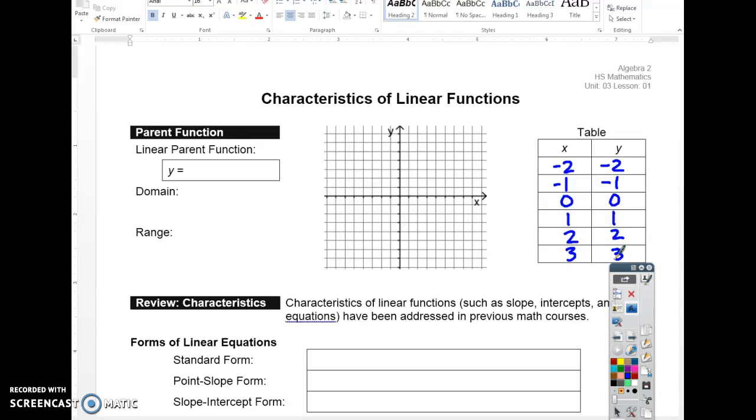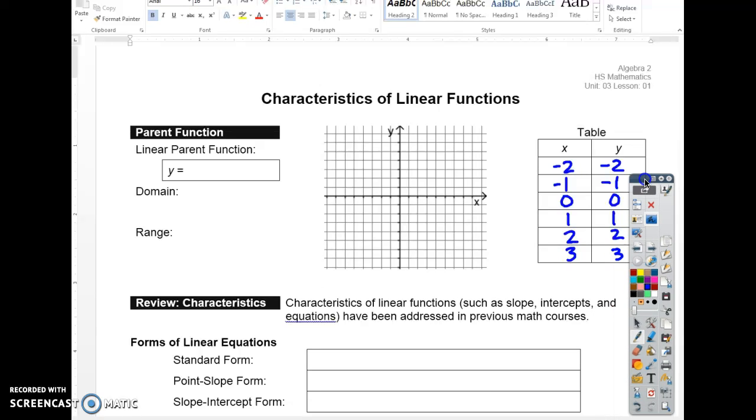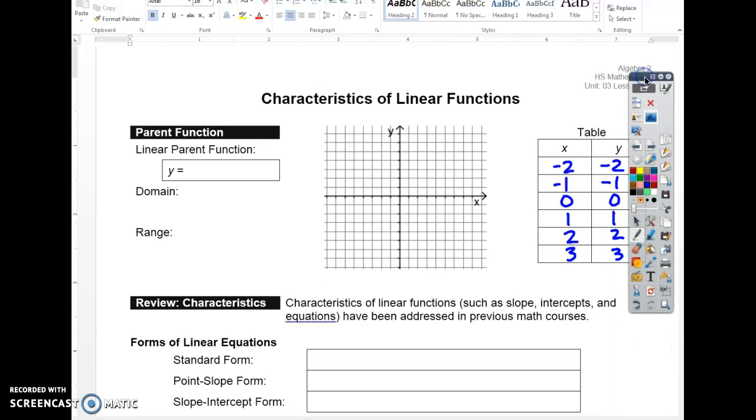So when you plot those points on here, it looks like this. And then you connect the dots. That is the linear parent function. Okay?